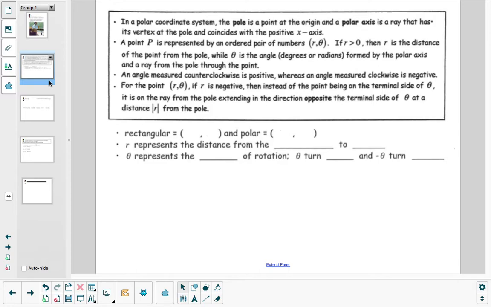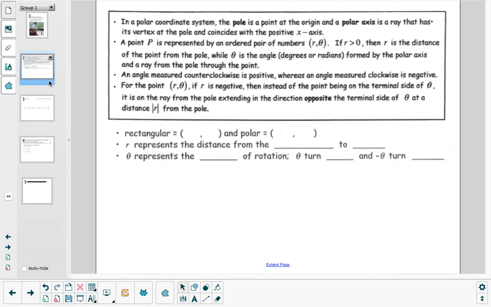But polar coordinates are basically just a new way of writing the same type of coordinate, in a way that makes a little bit more sense after you talk about trig functions, because it looks a lot like angles and a unit circle type of situation.